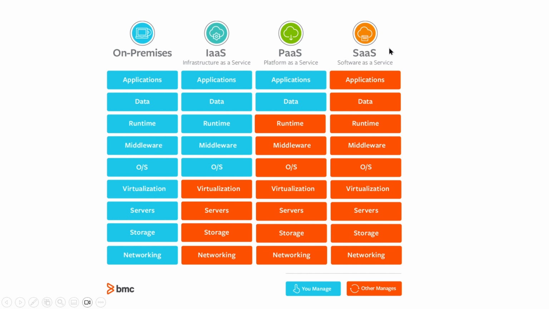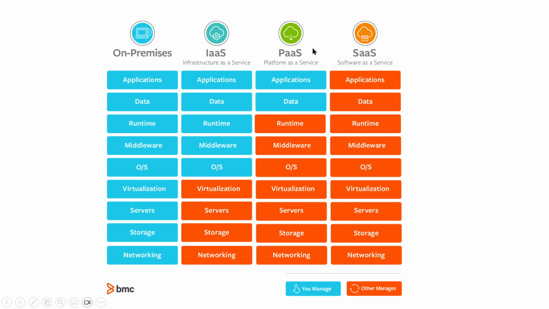Now, if we're looking at the off-prem, then there are three services which are available. One being infrastructure as a service, one being platform as a service, and the other one being software as a service. And as you can see, the orange indicates what the cloud service provider would be managing, and the blue represents what you would be managing.